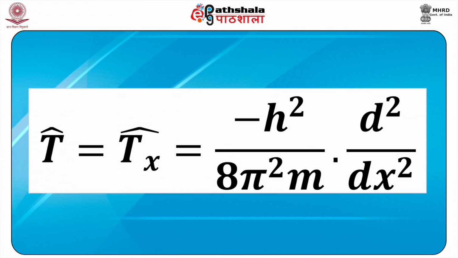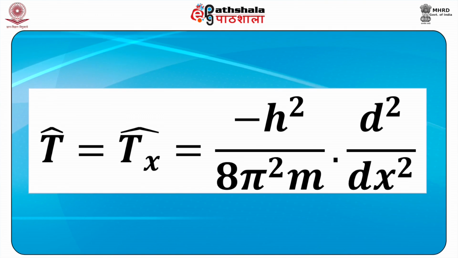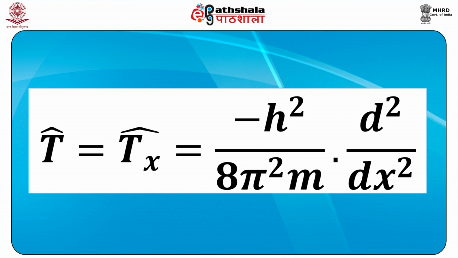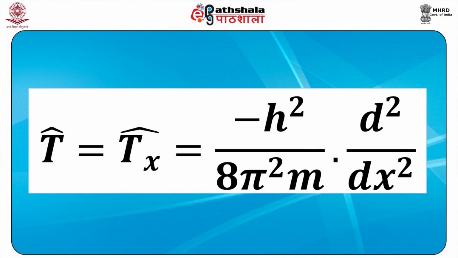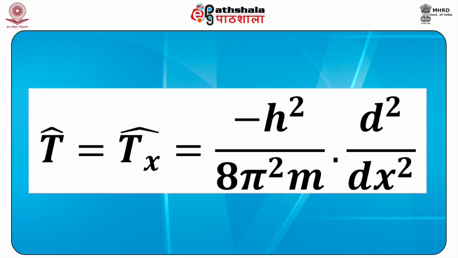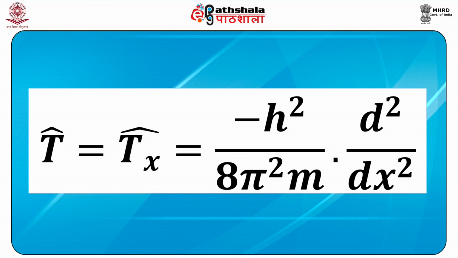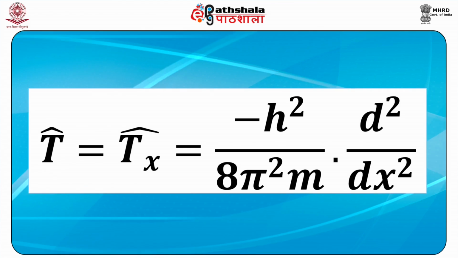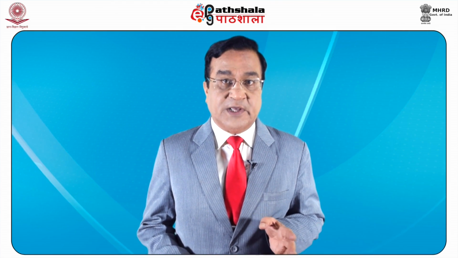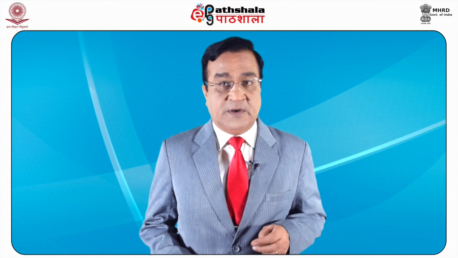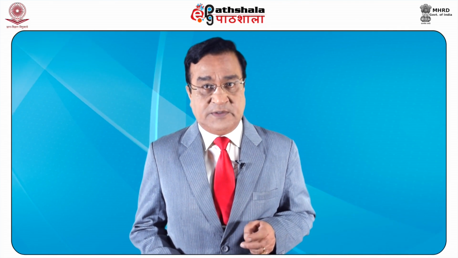So this will become equal to minus h square upon 8 pi square m d2 by dx2. This is the expression for the kinetic energy of a particle of mass m moving in x direction. This actually comes from the corresponding linear momentum operator square, which we will discuss later on.